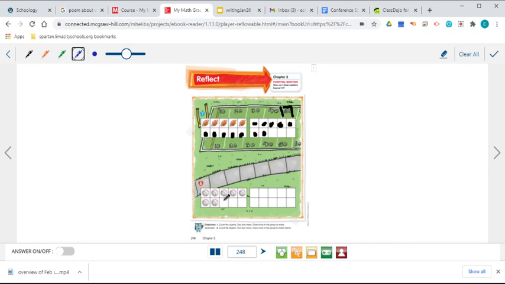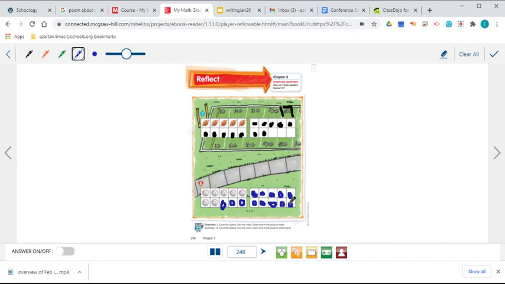So 7, now we have 8, 9, 10, full 10 frame, 11, 12, 13, 14, 15, 16, 17, 18, 19, 20.